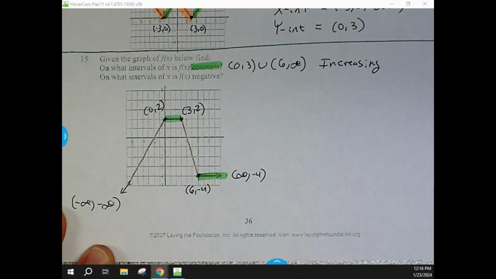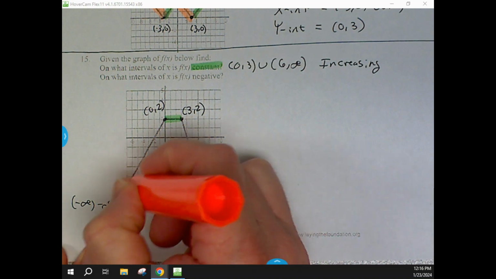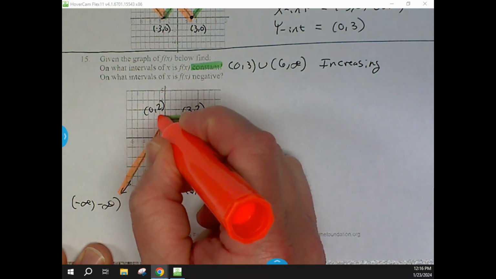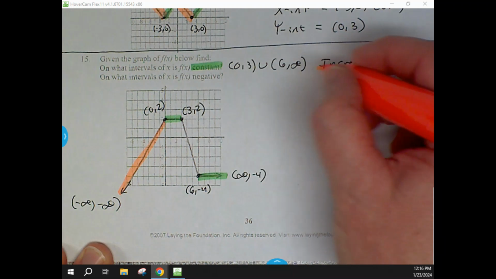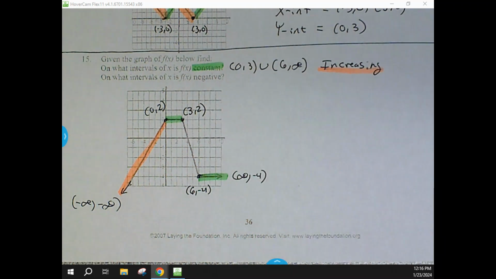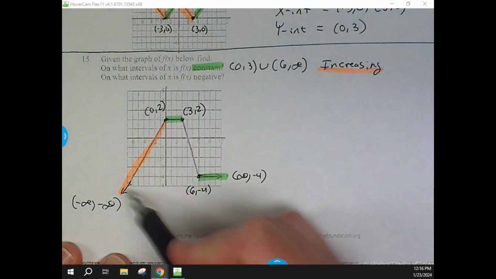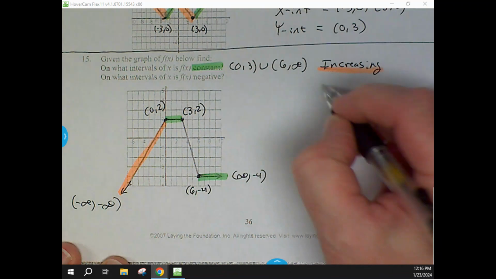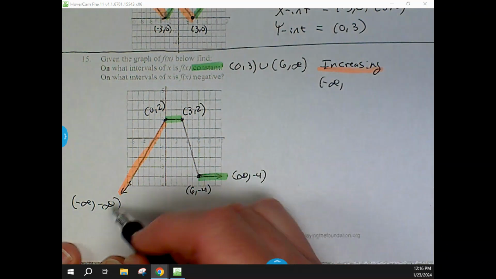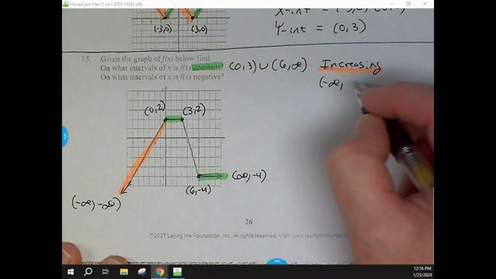Okay, so we talk about increasing. That's where the line's going up. If we start on the left, that one's going up, so that would be the increasing part. I'm going to put this one underneath here. So increasing, that's this part of the graph. Again, the x value is negative infinity. When we get here, that x value is at 0.